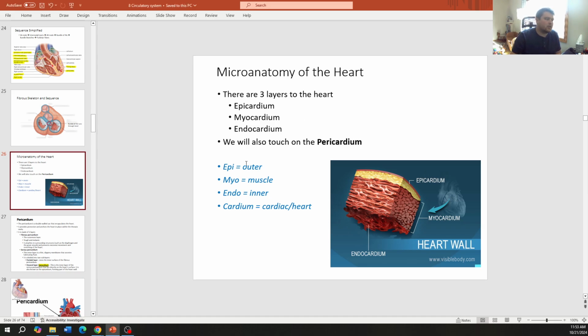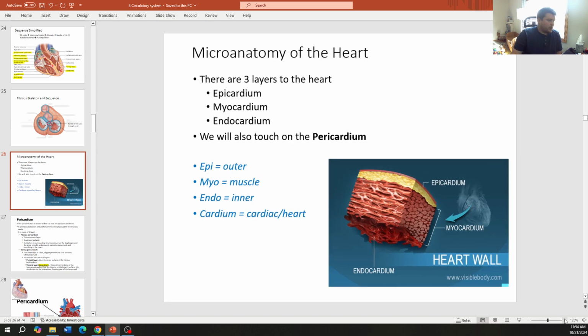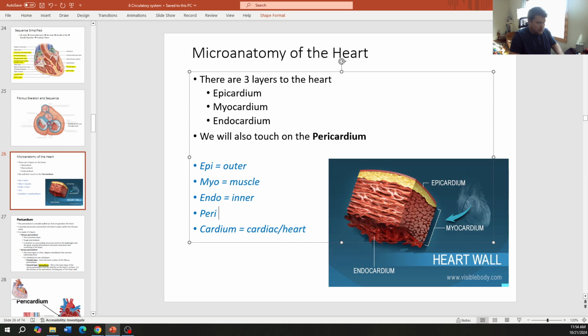Again, just a little reminder, it's super important when we talk about science courses that we start to understand the lingo, start to understand the words, specifically the roots of the words. So epi is outer, myo means muscle, endo is inner, and cardium means cardiac, or the heart itself. We can also add peri in here as well.